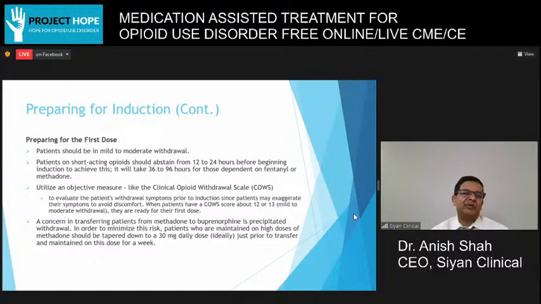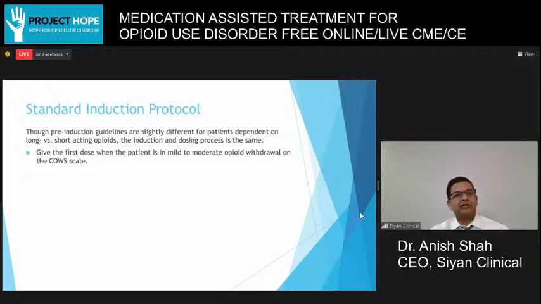So we recommend they first slowly taper the dose, and once they are on 30 milligrams, we ask them to refrain from using any opiates for 96 hours, and then bring them for the induction visit and give them buprenorphine. This is a very key strategy for a successful induction without any precipitated withdrawal during your induction visit.